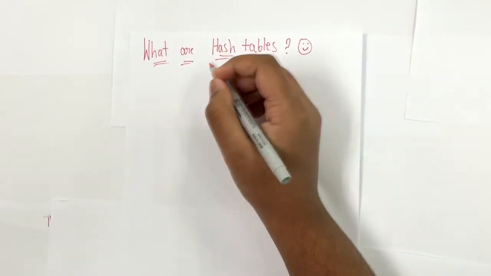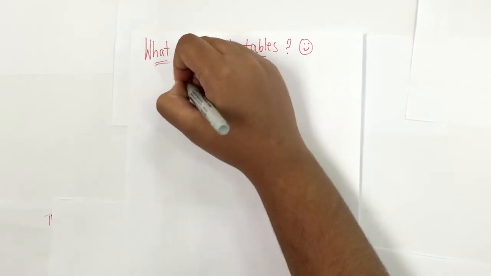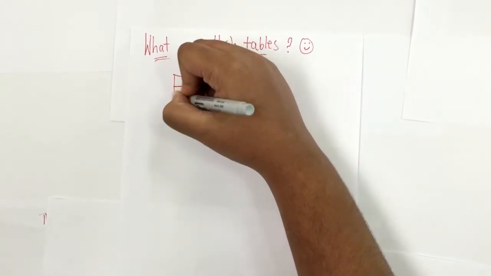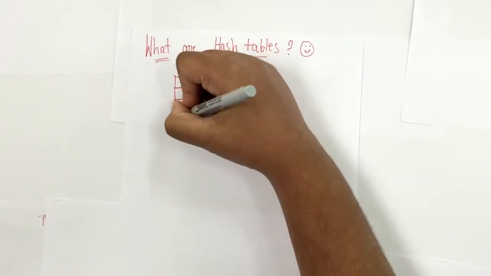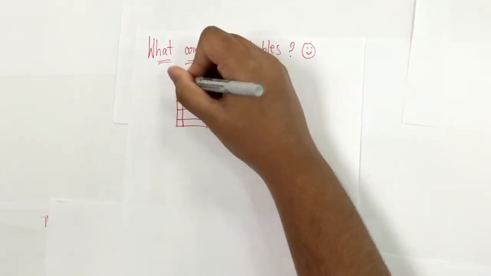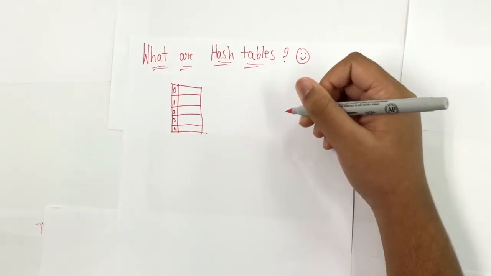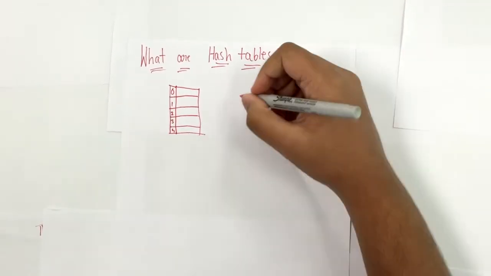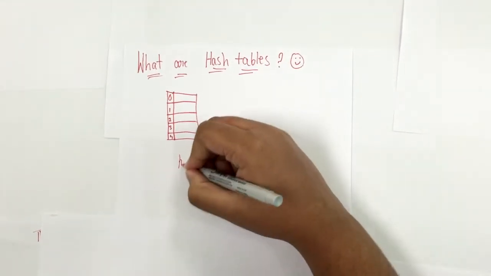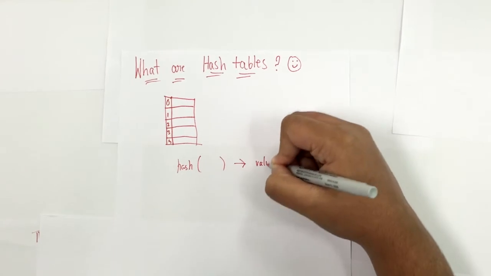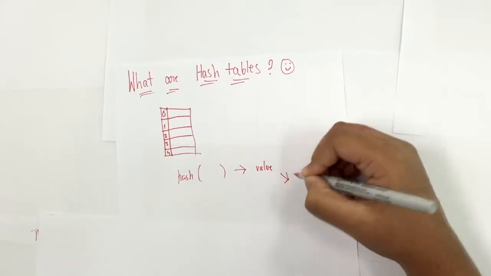A hash table is basically an array-based data structure which is created by hash functions to store data. So how do hash functions create hash tables? As I explained, hash tables are array-based data structures to store data.